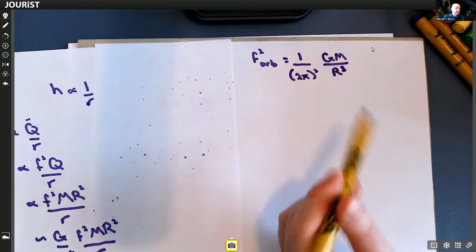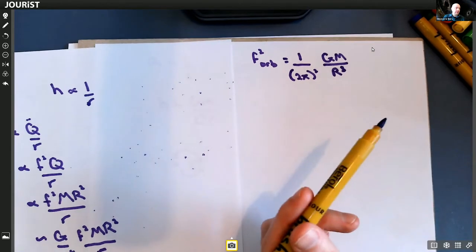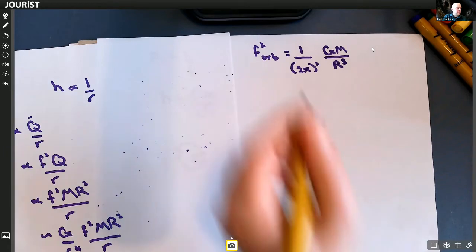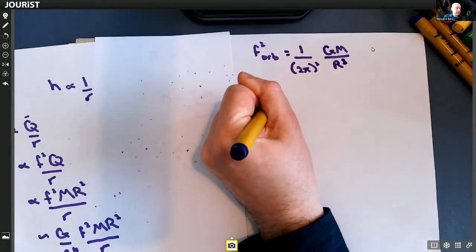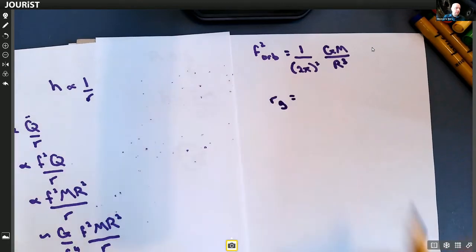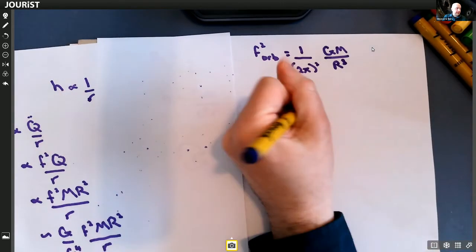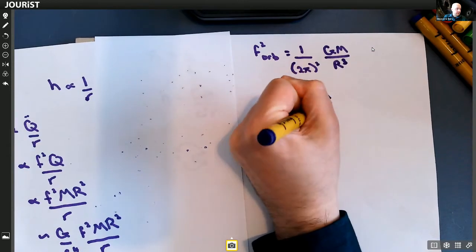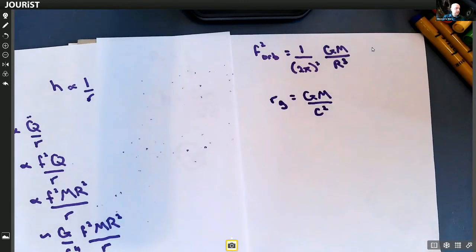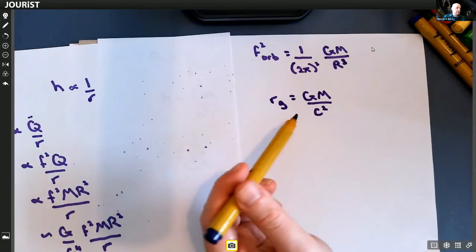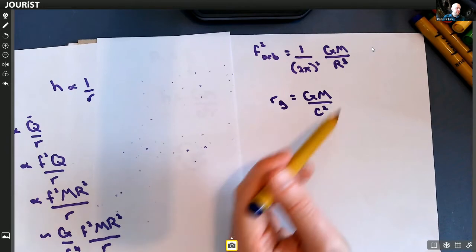Let's substitute in a characteristic scale for something that's very close together to see how that works out. A characteristic scale in relativistic problems is the gravitational radius, which we can get on dimensional grounds: Gm over c squared. If you're familiar with, say, the Schwarzschild metric or the Kerr metric, you know that terms like this come up quite a lot.